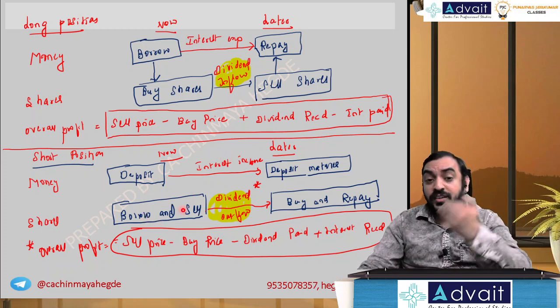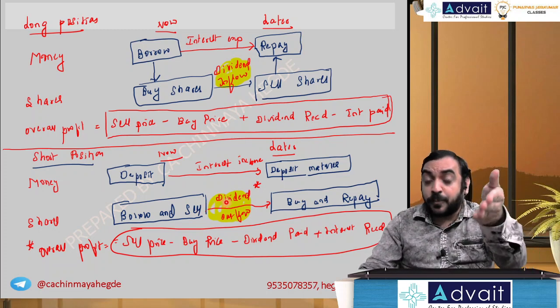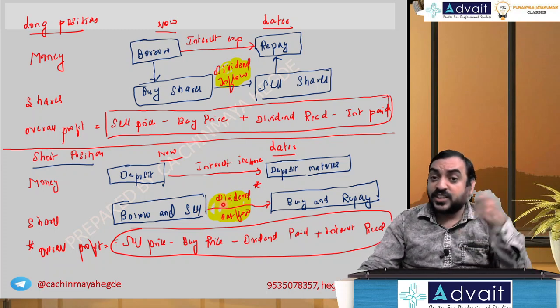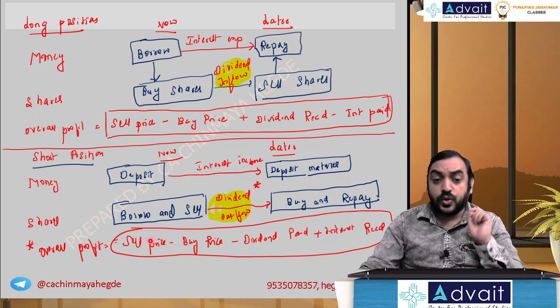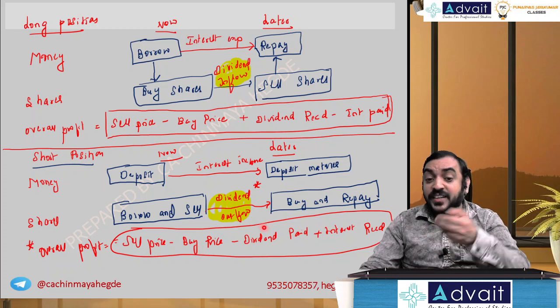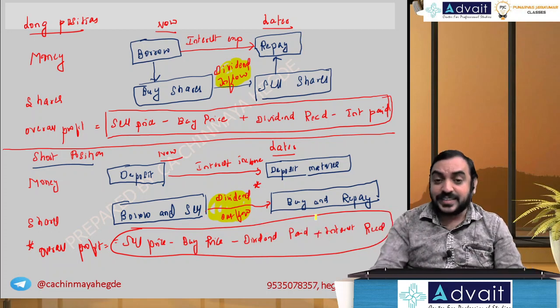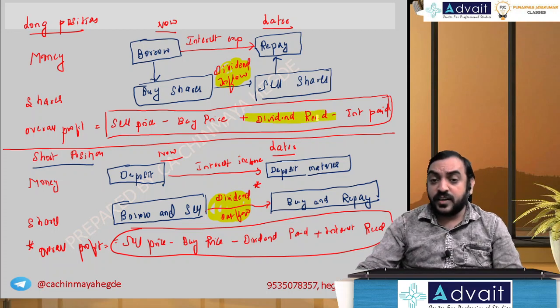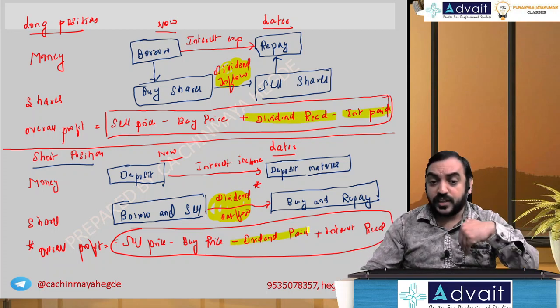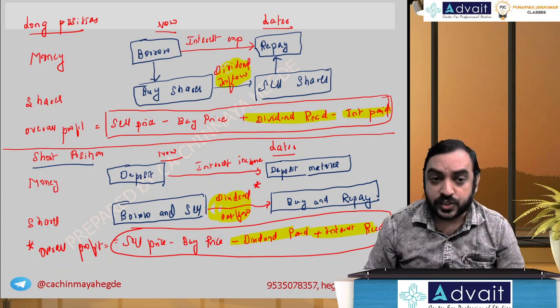When you borrow and sell, the dividend payment will happen. Why will dividend payment happen? We have just written the sentence, as a compensation. So overall profit is selling price minus buy price, minus dividend paid, plus interest received. Exact opposites. Here it was dividend received, interest paid. Here it is the opposite, dividend paid plus interest received. Of course, subject to transaction charges.